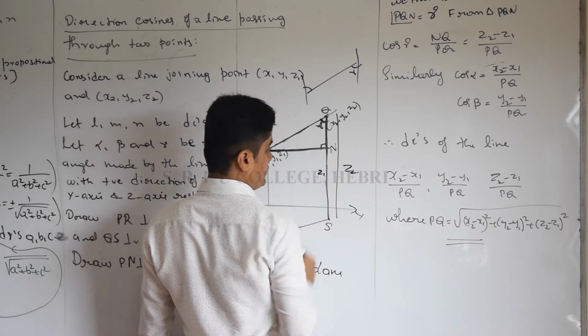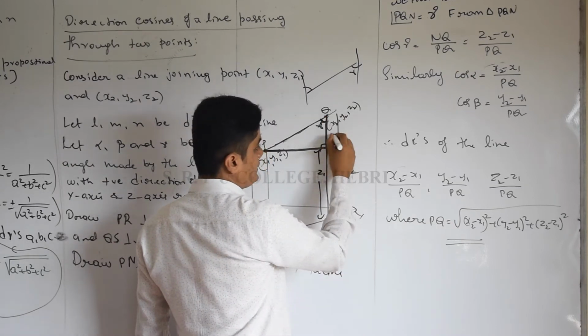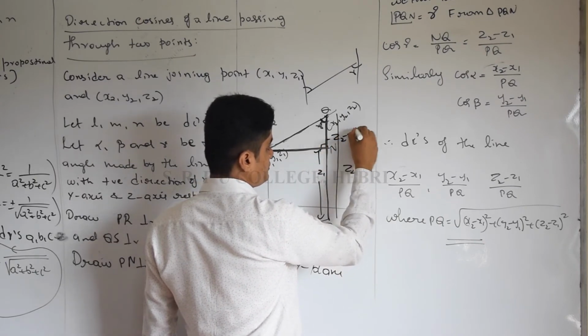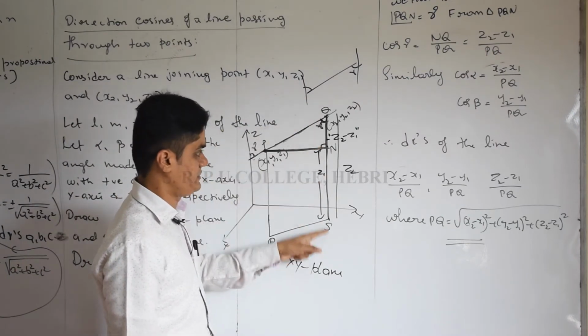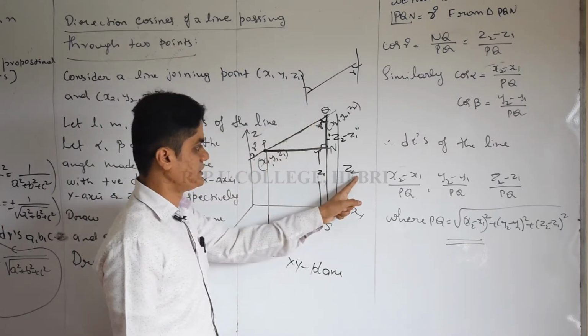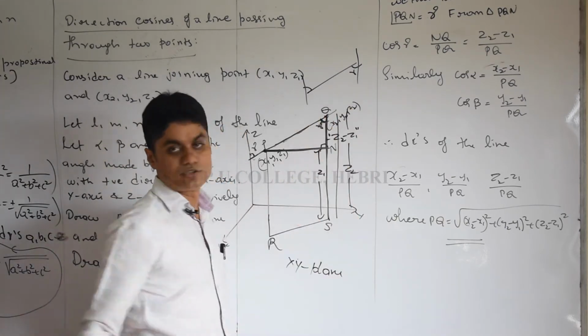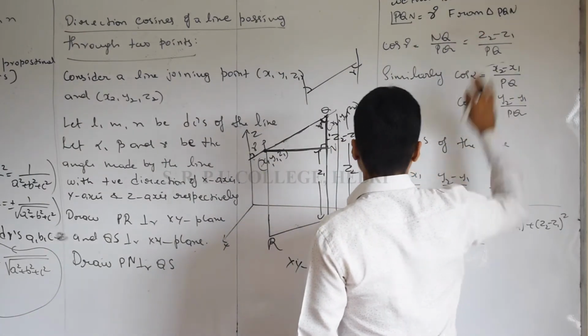This length NS is Z1. So what is QN? Therefore QN is equal to Z2 minus Z1, because QN is nothing but QS minus NS. So cos gamma is equal to adjacent by hypotenuse, that is Z2 minus Z1 by PQ.